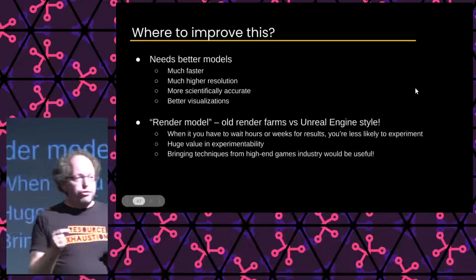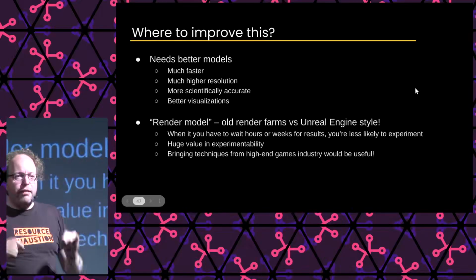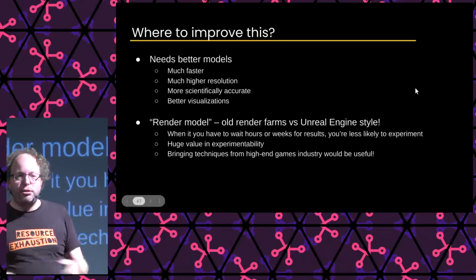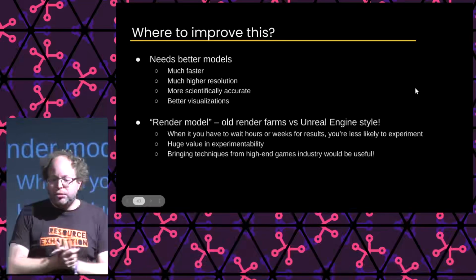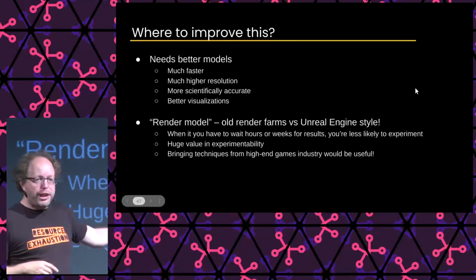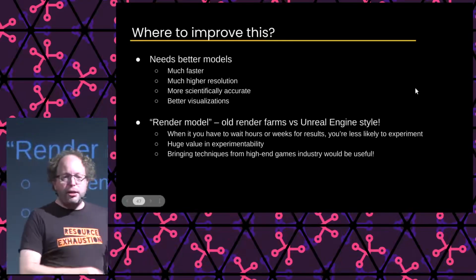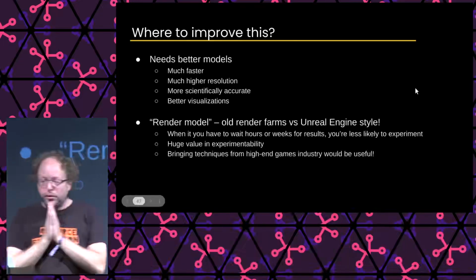What happens is there's a mental shift where you suddenly have the capacity to play around and experiment a lot more once things are roughly real time. So I think there's a lot of space to bring techniques from the games industry into climate modeling to make things faster. This is something we should be doing.